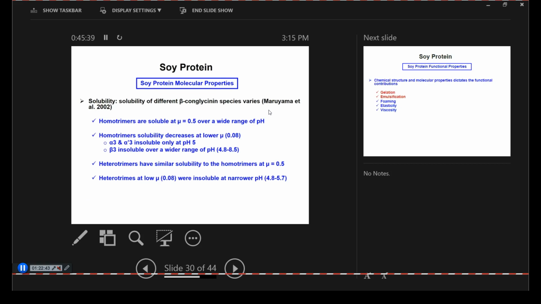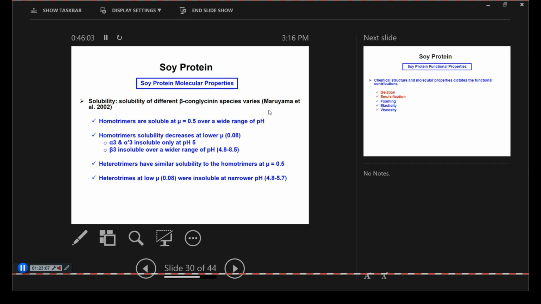So this is another paper, not very exciting. I don't want you to learn any of these numbers, but it's also showing that we talked about glycinin, but also beta-conglycinin, which exists as a trimer, is also impacted by ionic strength and pH, and the solubility is impacted under these different conditions.